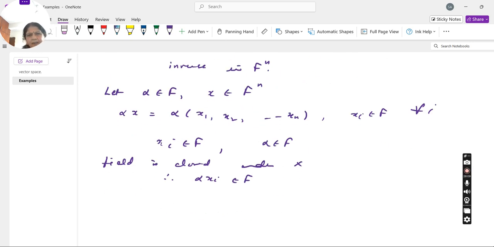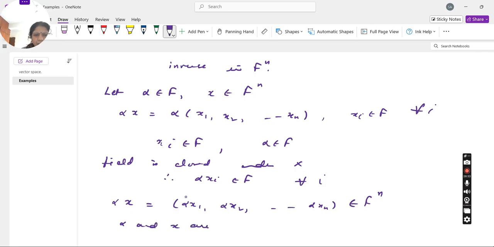and this means that alpha x, for all i, which is (alpha x1, alpha x2, ..., alpha xn), belongs to F. Each element is in F, so it belongs to n-tuple of F. And this alpha and x are arbitrary, so n-tuple of F is closed under scalar multiplication.